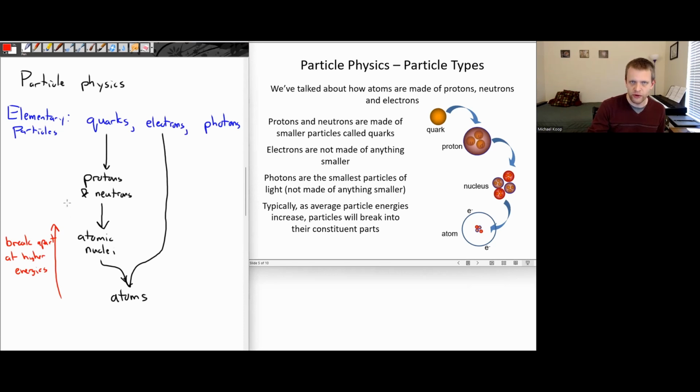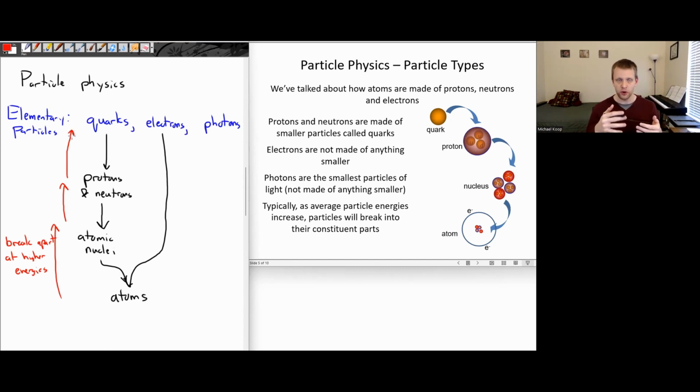If I keep on raising the temperature, the atomic nuclei eventually get hit by photons that have so much energy that it rips them into their constituent protons and neutrons. If I go up to even higher energies, I can even break those protons and neutrons into their constituent quarks.